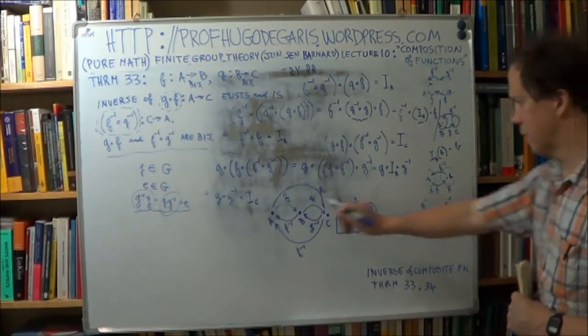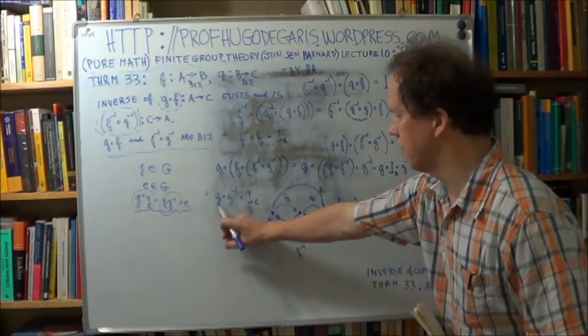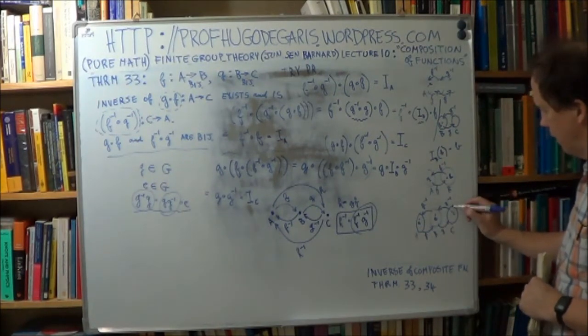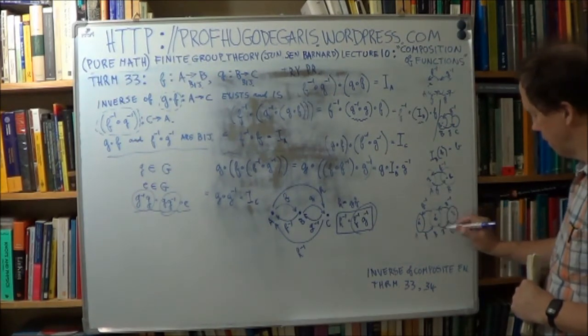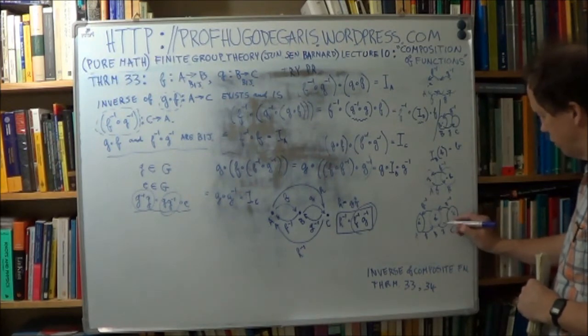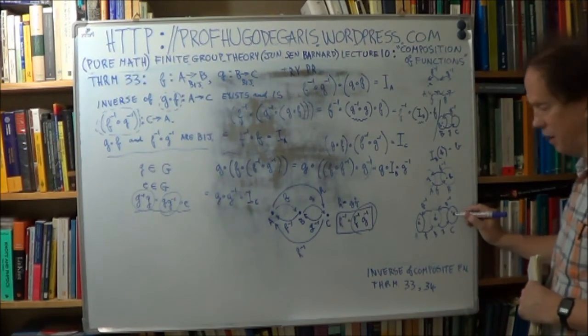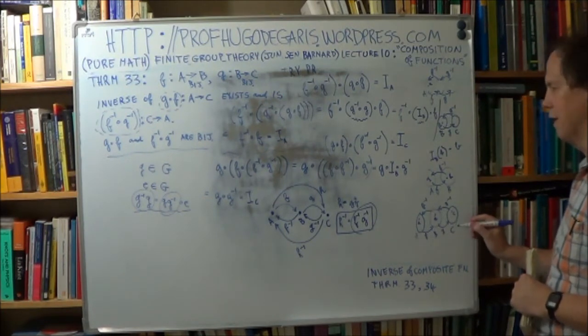I can see that because you're starting with g inverse, you're here, you apply g again, so you're back to C. You didn't do anything, you just stayed in C effectively.